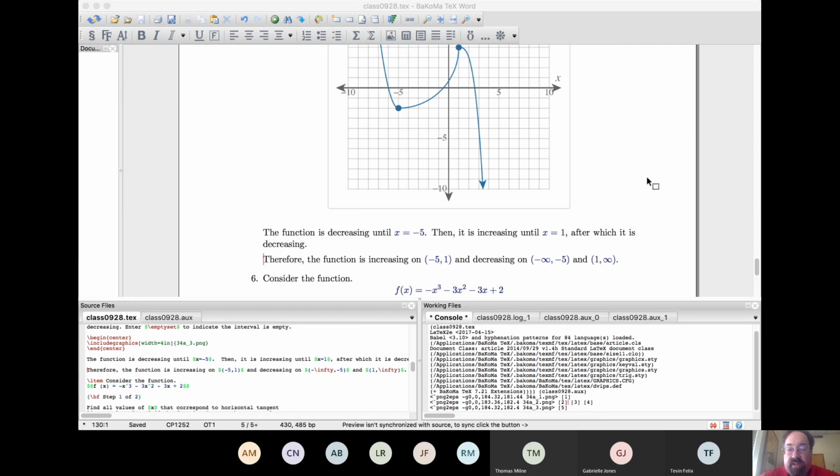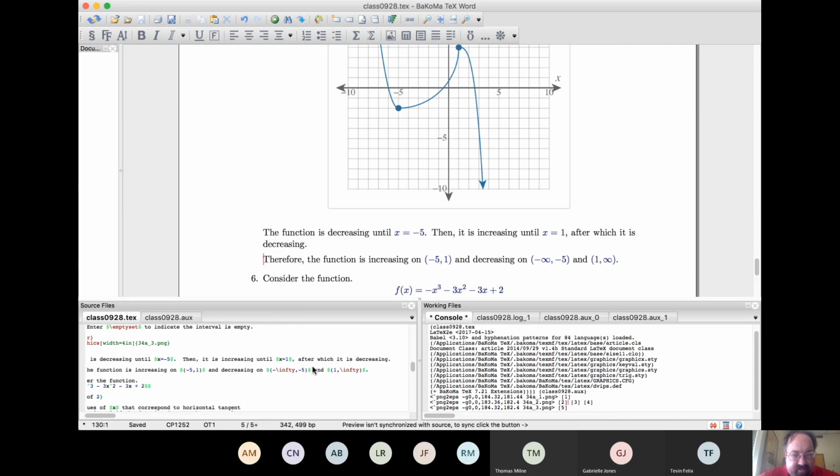And the way you would specify the answer, I'll edit this to reflect that. You'd specify these two intervals. So just put a comma in between in the answer box. So minus infinity to -5 in parentheses, comma, and then the next interval from 1 up to infinity. And so those are the intervals where it is decreasing. So here and here.